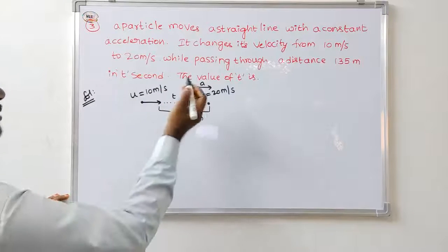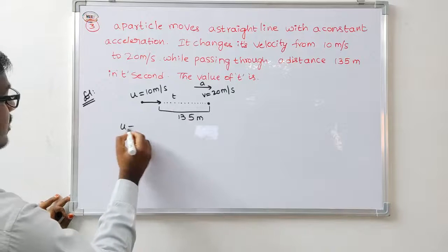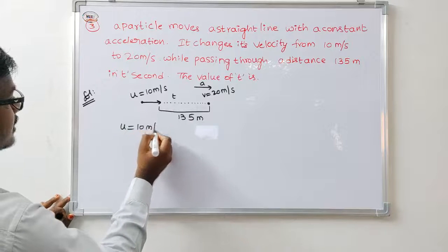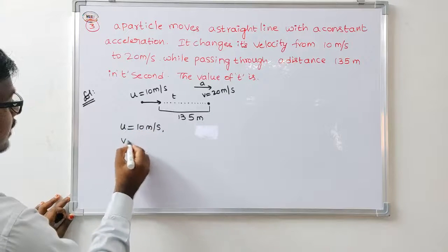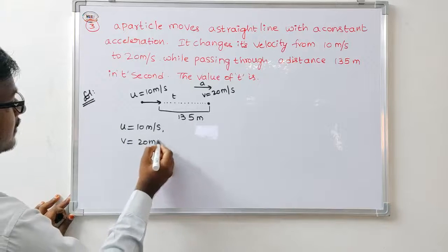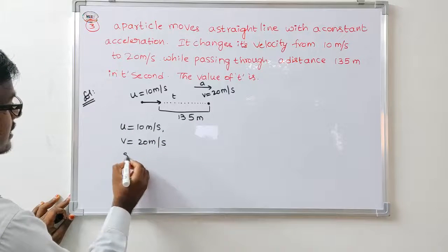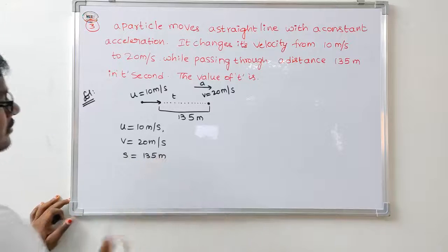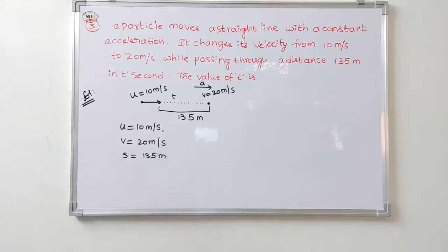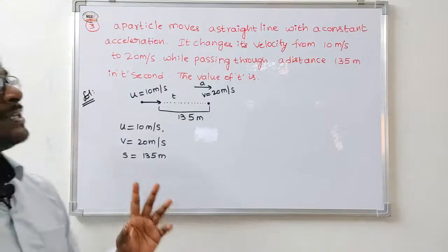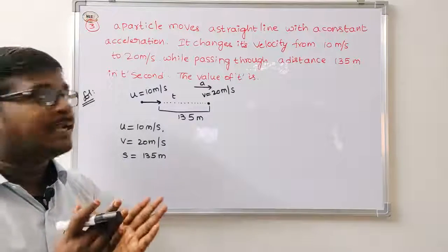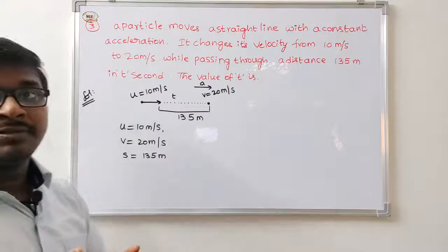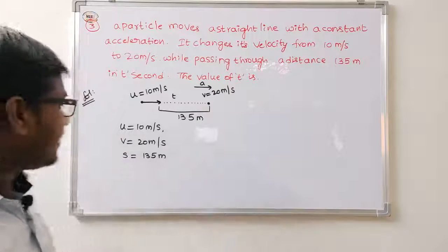First, the given values: u is equal to 10 meter per second, V is equal to 20 meter per second, the distance covered S is equal to 135 meter. The particle moves in a straight line with a constant acceleration, that is a uniform acceleration.